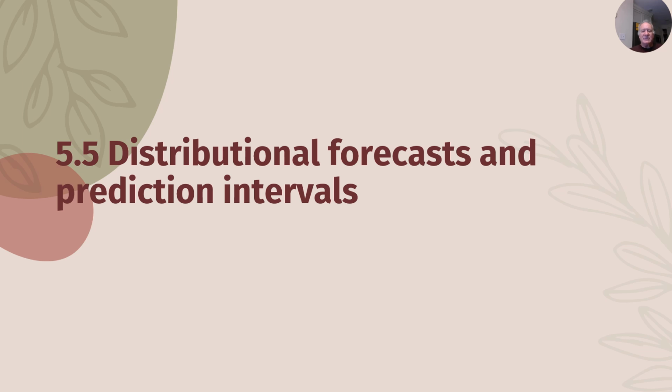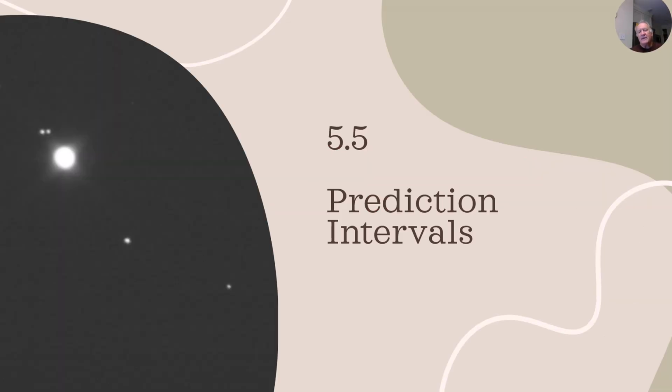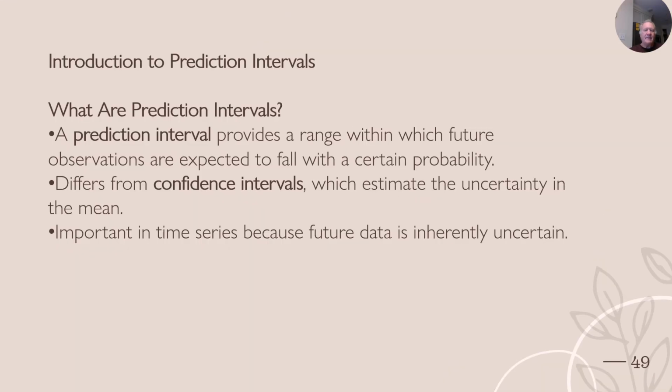So let's look at the distributional forecast and the prediction intervals. What are prediction intervals? A prediction interval provides a range within which future observations are expected to fall with a certain probability. This differs from confidence intervals, which estimate the uncertainty in the mean.